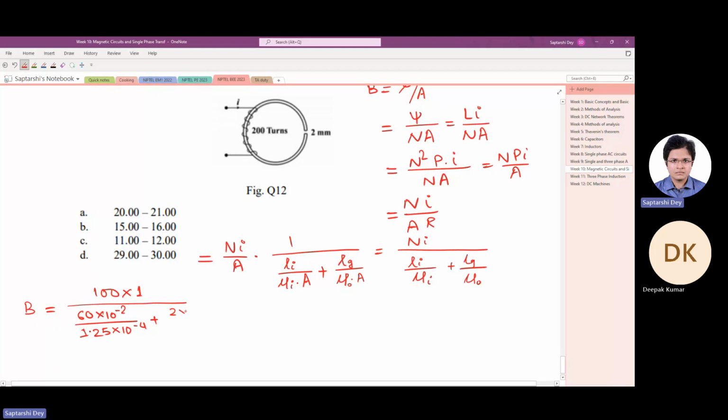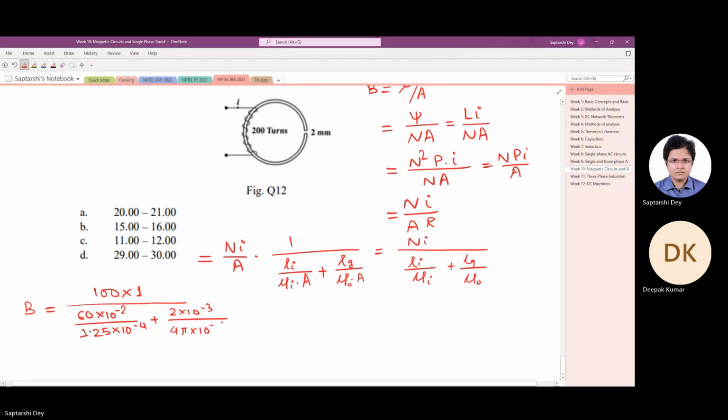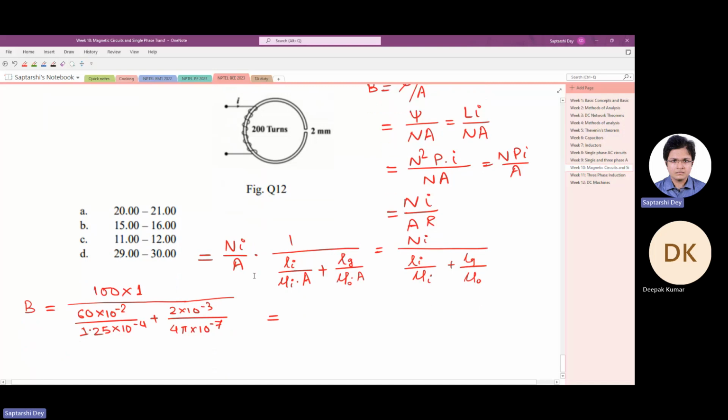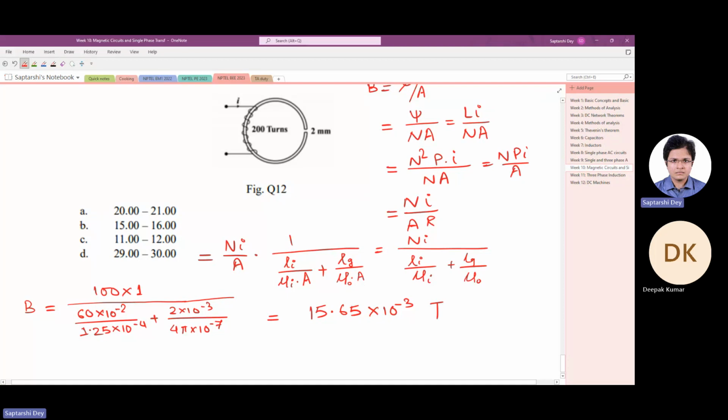So 2 into 10 to the power minus 3 by this should give you the value in Tesla. So 100 by 60 10 to the power minus 2. So in millitesla, it's coming as 15.65. So this is the answer.